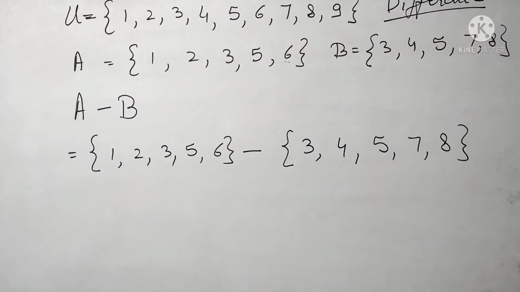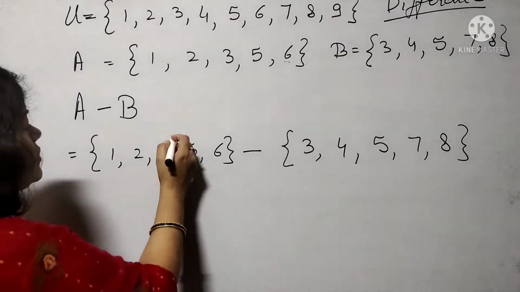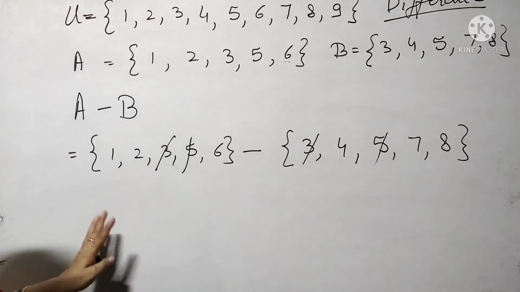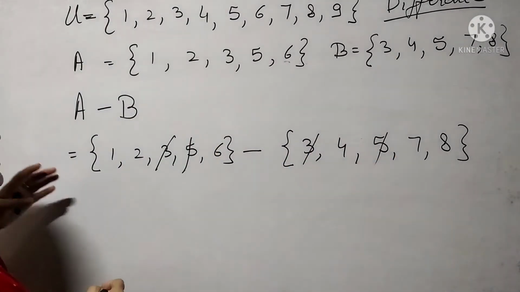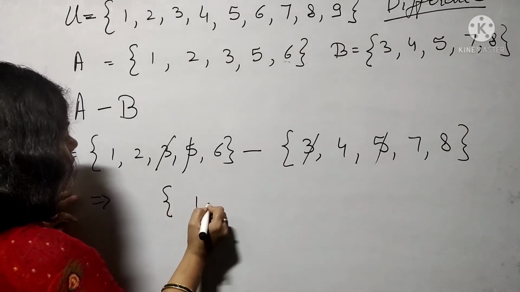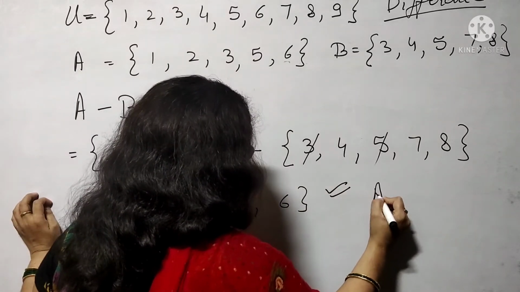Now you have to cancel all the terms which are common to both sets, that means 3 and 5, and nothing else. Now what is the answer? 1, 2 and 6. This is the only answer.